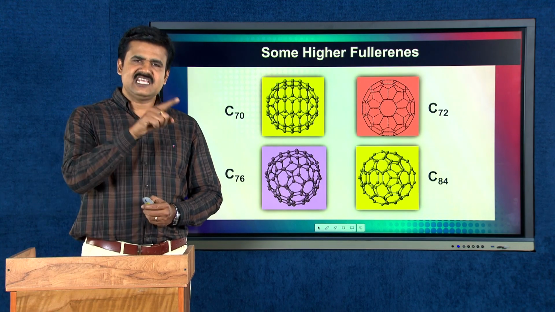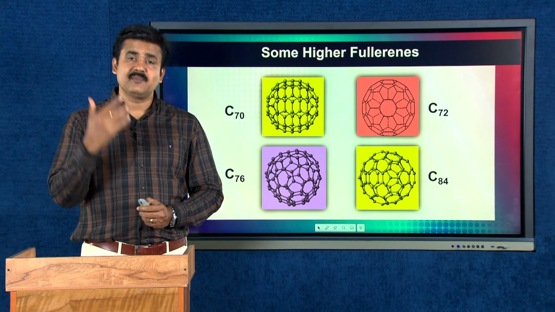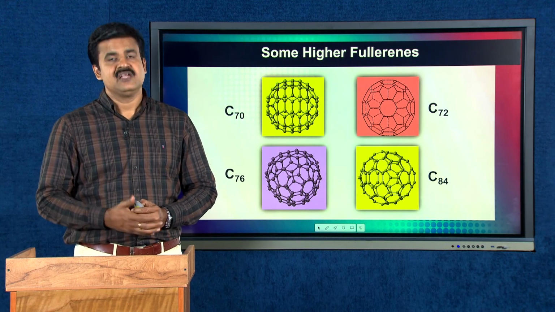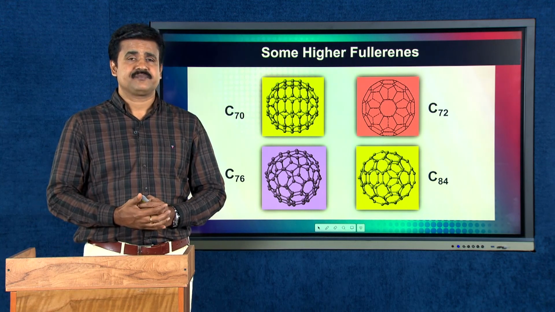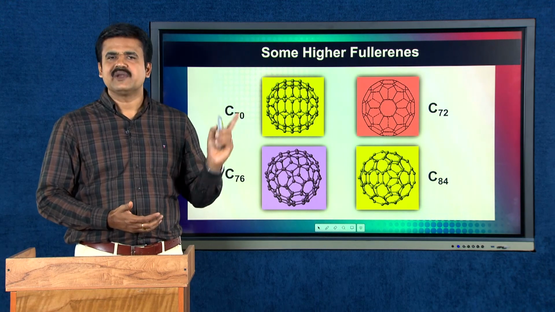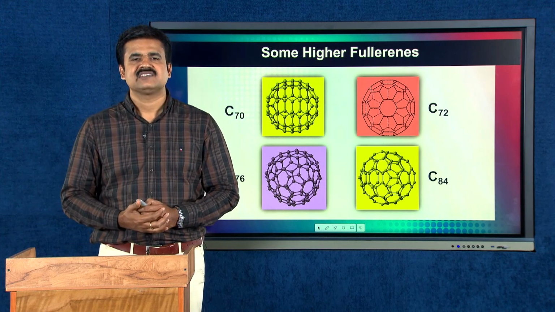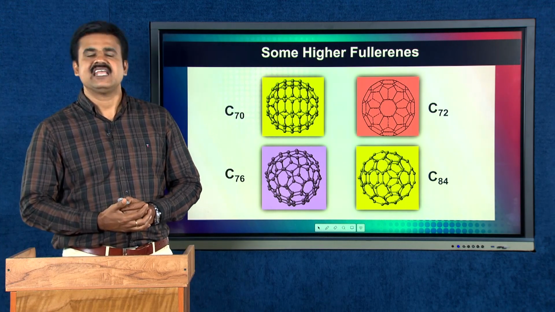So, these four shown on the screen are examples of higher fullerenes. They consist of carbon atoms greater than 60. So, good examples of higher fullerenes include C70, C72, C76 and C84.